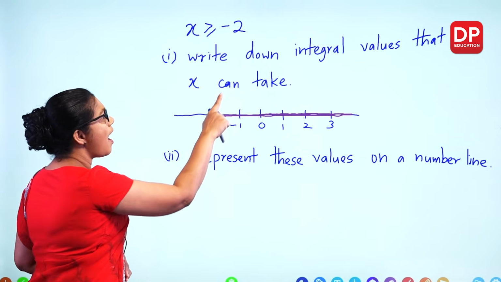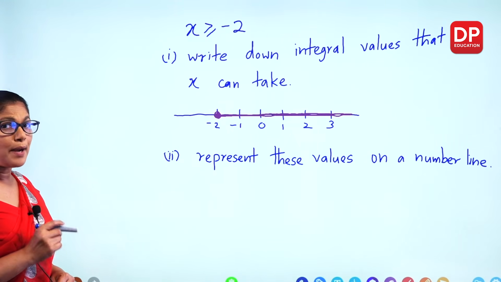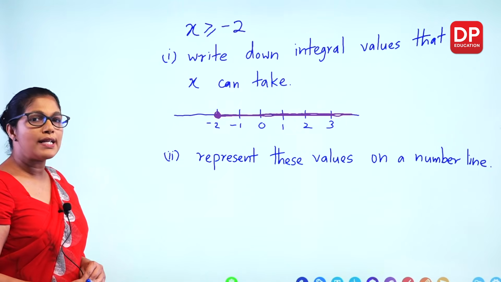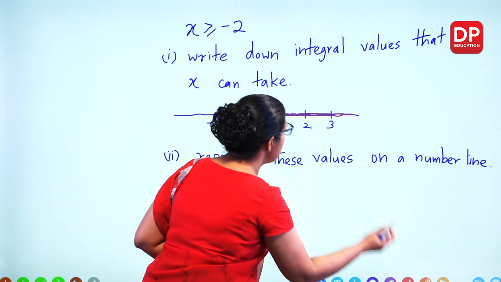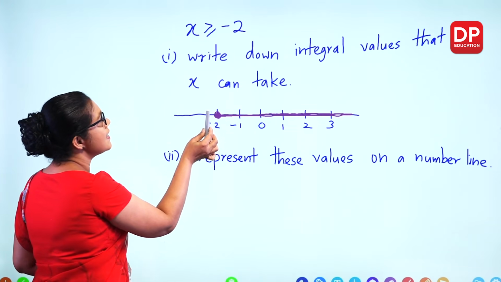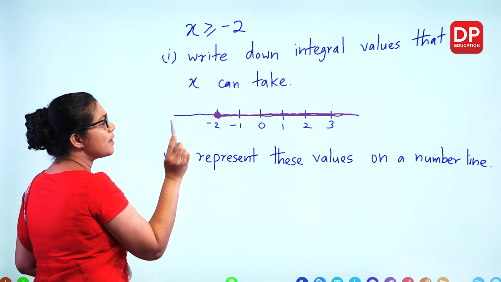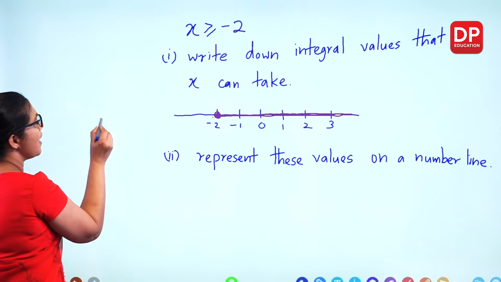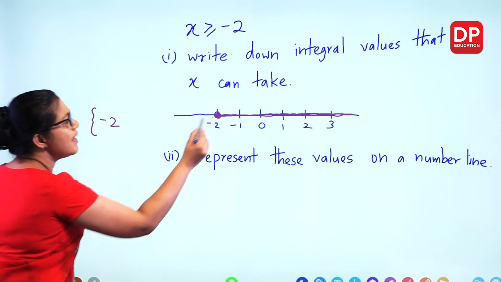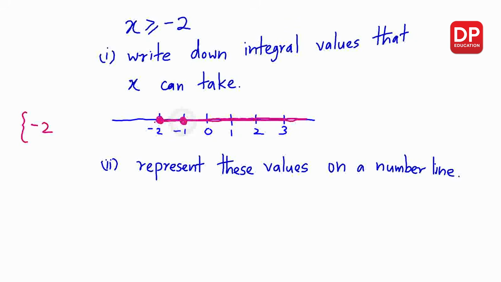But they are asking what are the integral values. So that means the whole numbers that satisfy this inequality. So what are the numbers that satisfy this inequality? We see -2 is also included. So starting with -2, we can write -2. Then what's the other number? Integral values, that means integers.